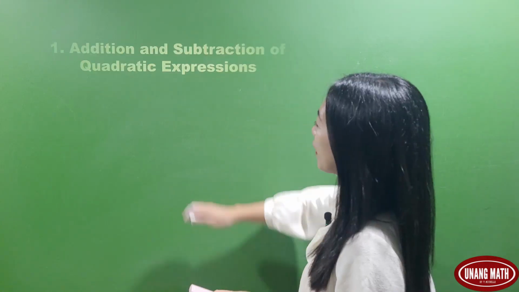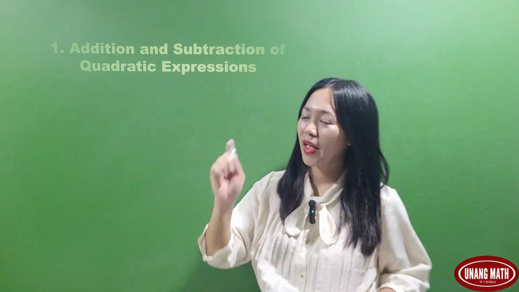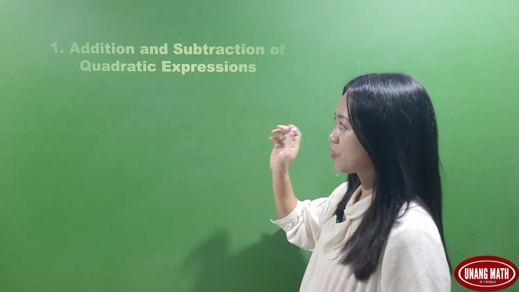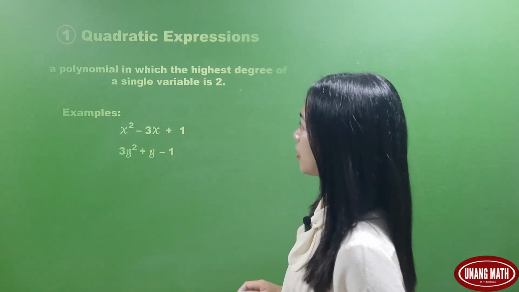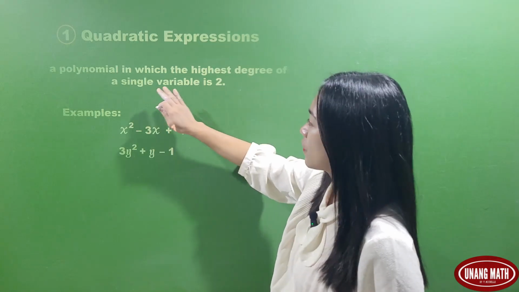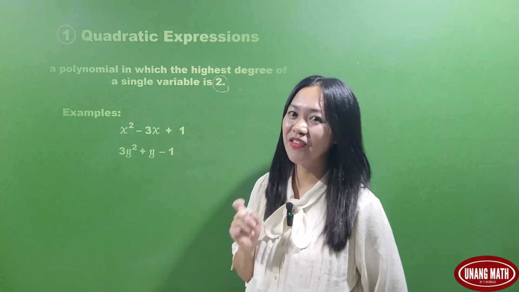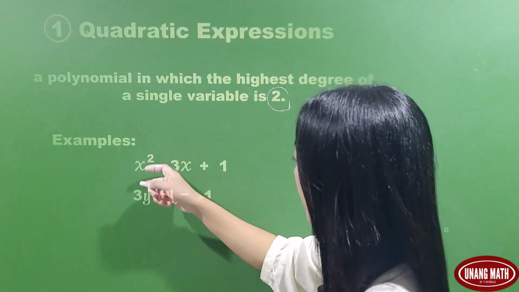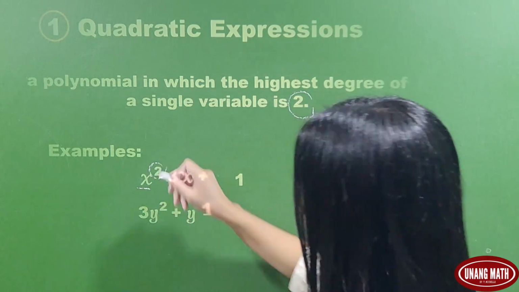Okay, this time, we will be adding and subtracting quadratic expressions. If in linear expressions the variable's highest power is 1, quadratic expressions are expressions in which the highest degree of a single variable is 2. Let's give an example. x squared minus 3x plus 1. This variable x has an exponent 2.